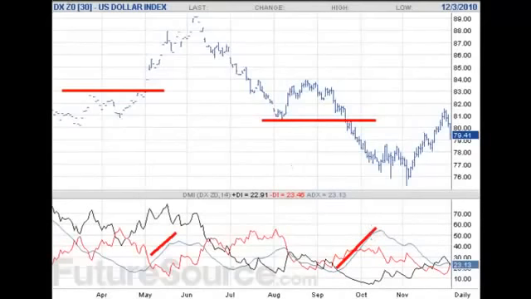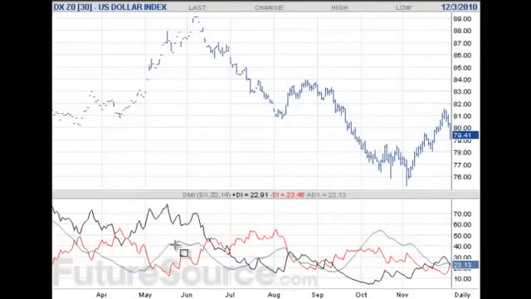Okay, now let's look at something a little interesting on these charts. The key level here is this 30 area. Some people use 40. When the ADX gets above 30, that's a pretty strong indicator that the market's in a trend.